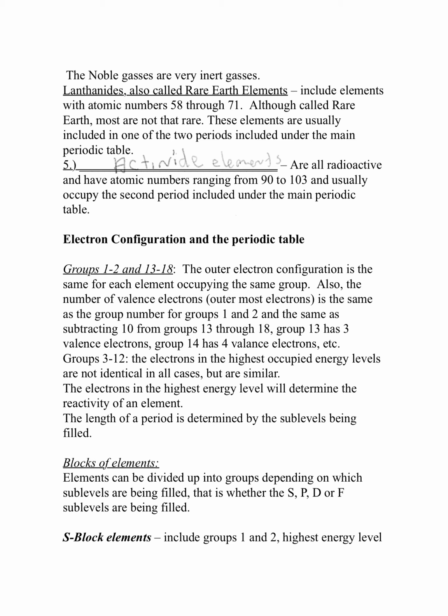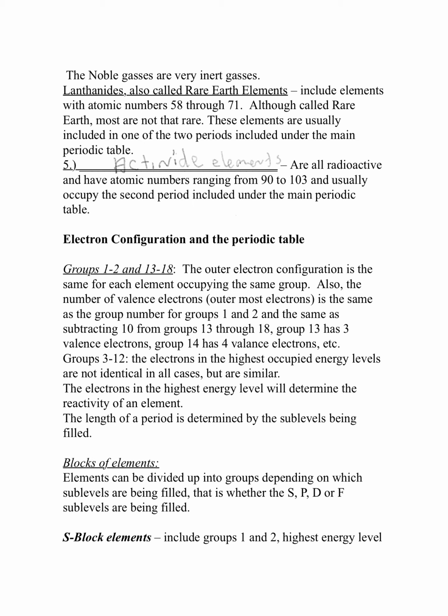Also, the number of valence electrons, which are the outermost electrons, is the same as the number of the group for groups 1 and 2, and the same as the group number minus 10 for groups 13 through 18. So group 13 has 3 valence electrons, group 14 has 4 valence electrons, etc.